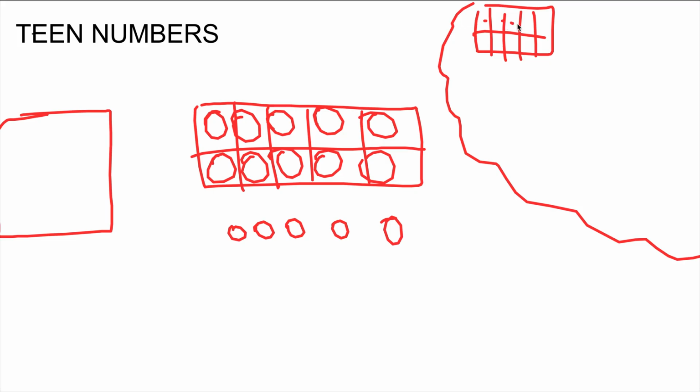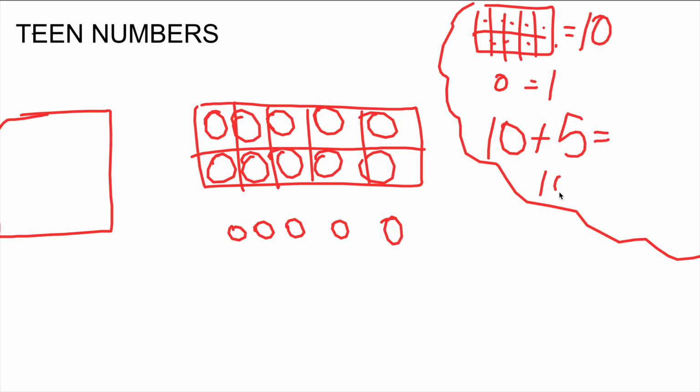And a 10 frame, when it's filled in, makes 10. I see the 10 frame goes in, so I have 10. And then these make ones. So I have 10, and I'm putting 1, 2, 3, 4, 5 together. So 10 plus 5 more gives me 10, 11, 12, 13, 14, 15. Oh, my answer is 15, because 15 has 1 ten and it has 5 ones.